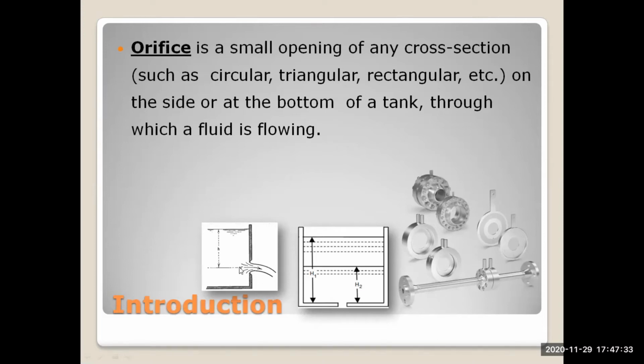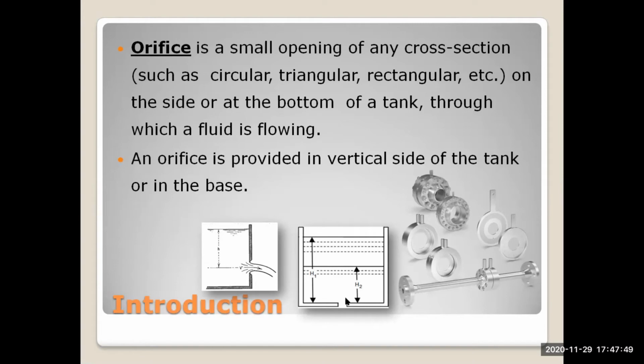It is a small opening provided at the bottom or side of the tank to measure the rate of flow, where the fluid flows through that opening. So it is used to measure the discharge, the quantity of fluid flowing through that opening.